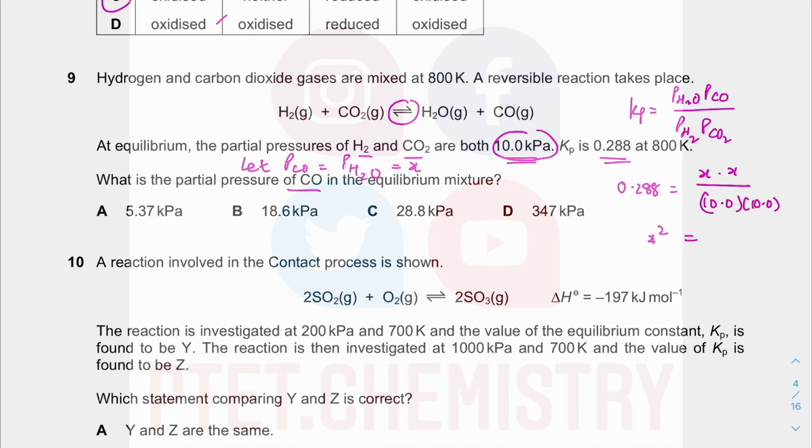So I get X squared equal to 0.288 times 10.0 squared. So X squared equal to 28.8. What is X? It's the square root of 28.8. You get 5.367 kilopascal, and the closest one is 5.37 kilopascal to 3 significant figures. And what is X? X is the partial pressure of CO, which was equal to the partial pressure of H2O, which we set to be X, which we already calculated.